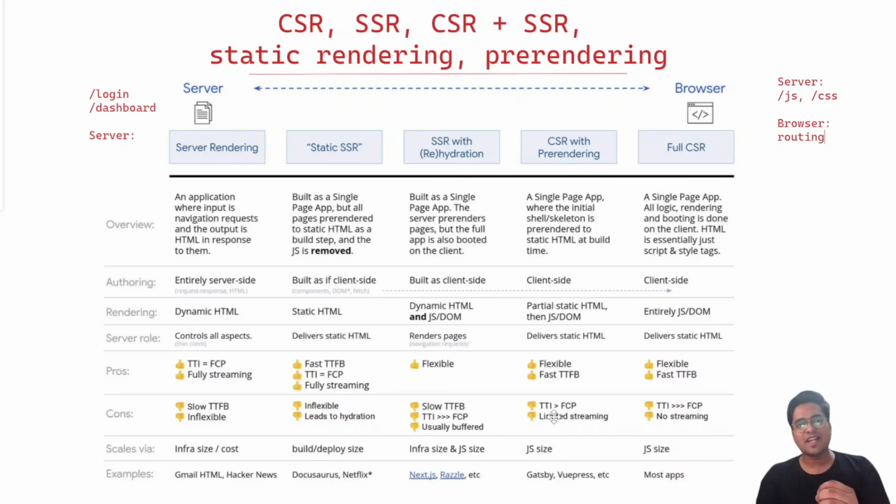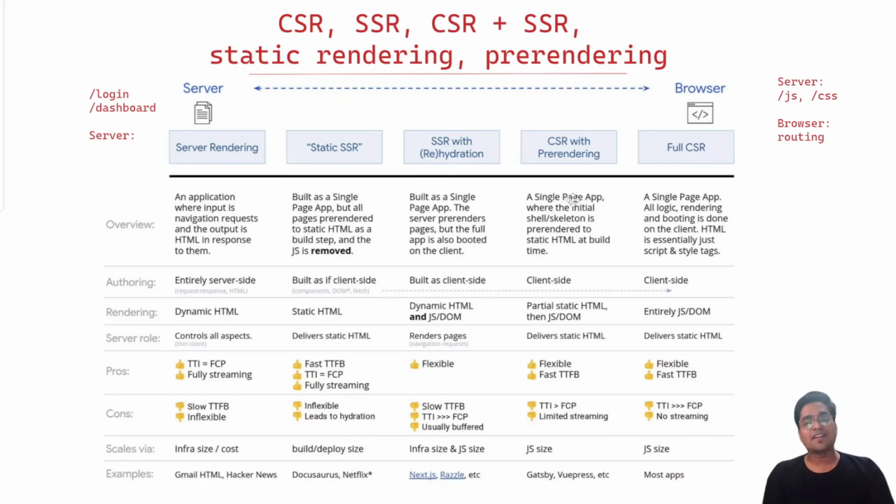Let's try to understand a couple more important things over here. First, let's see who is using it. In this particular case, you can see Gmail was using it very actively. Even on the static side, Netflix was using it for a lot of static pages. Server-side rendering with rehydration, Next.js is built on the same concept, and even Razor is based on the same concept.